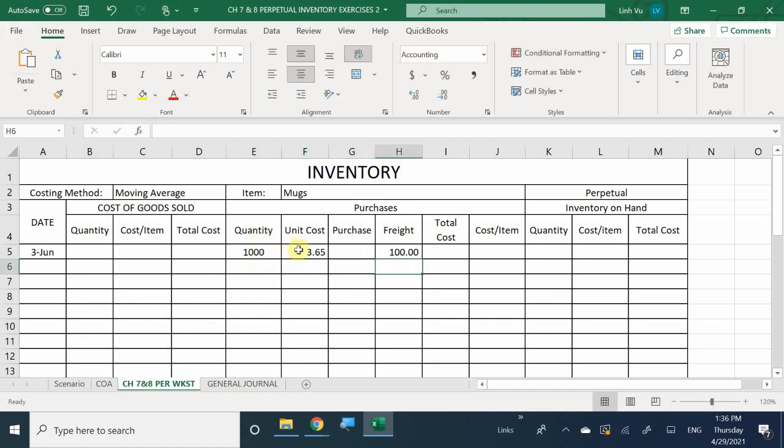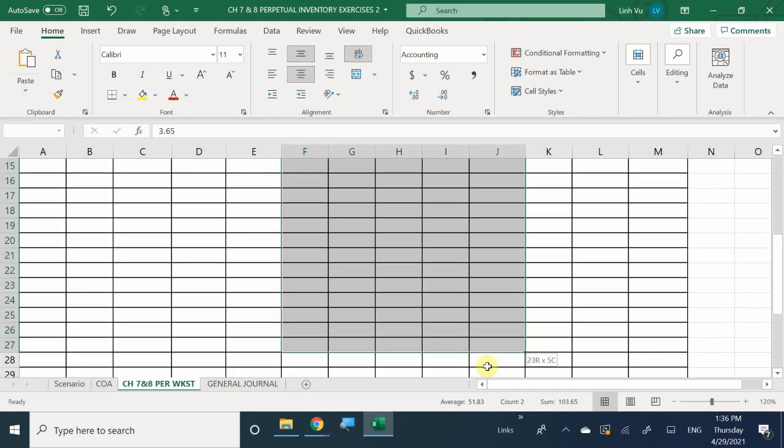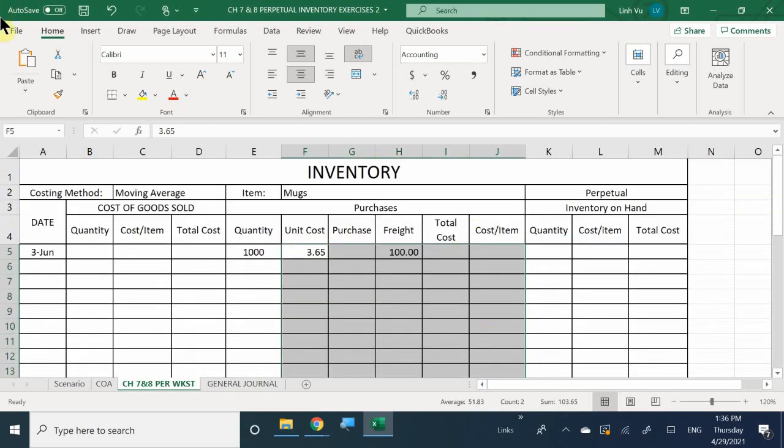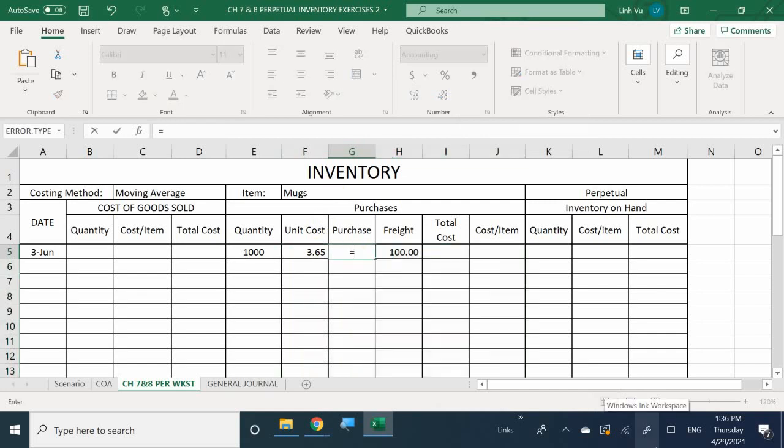So what is my total purchase price? Total purchase price is going to be $3,750, which comes out at $3.75 apiece.